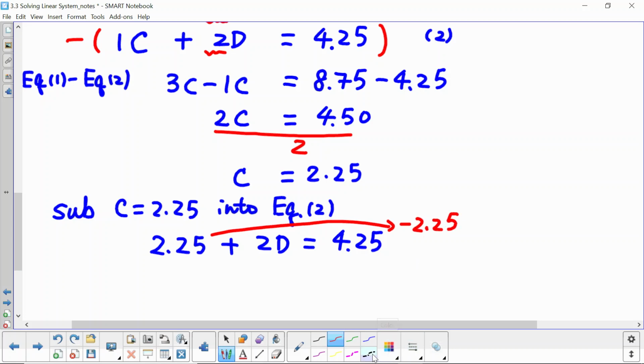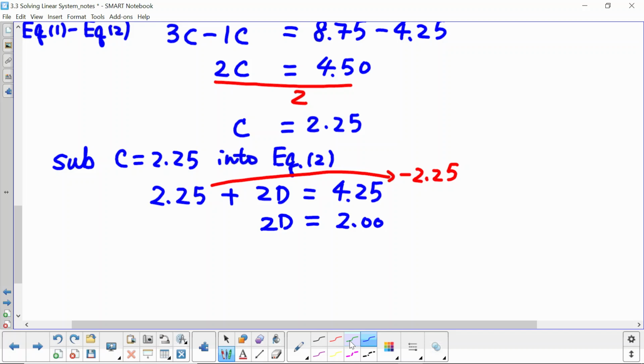By doing opposite operation. You will have 2D equals $2. Then move the 2 to other side. D equals $1. Then therefore, write a statement.